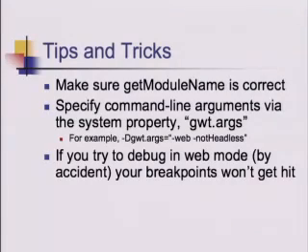If you ever accidentally set web mode in your command line arguments and you have breakpoints set, it'll just fly right by them in your IDE, because remember, you're not actually debugging Java code at that point. You're debugging JavaScript code, and you can't do that with your Java IDE. So you might be confused if you do that a few times until you realize, oh wait, I'm debugging in web mode. That doesn't work.